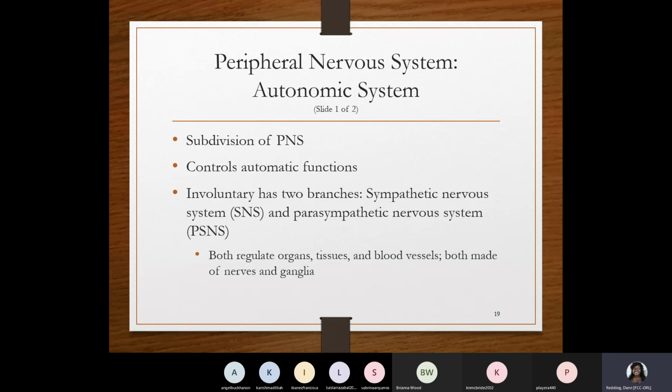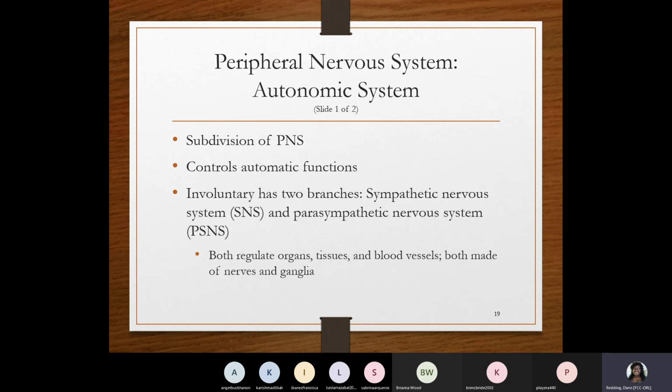And so now that we've talked about the central nervous system and understanding its functions between the brain and the spinal cord, we'll next learn about the peripheral nervous system, which represents the senses and also involuntary branches.